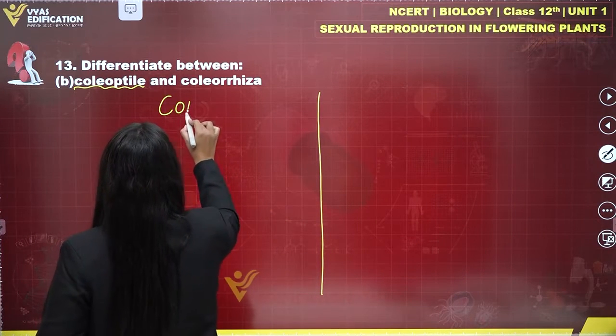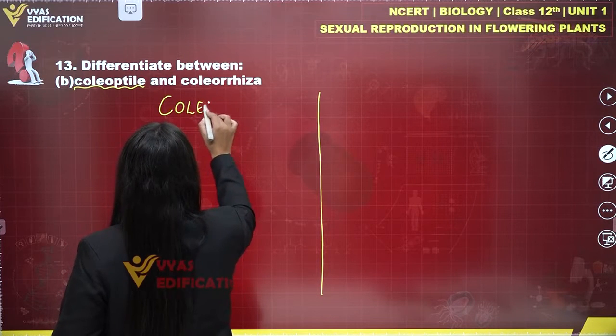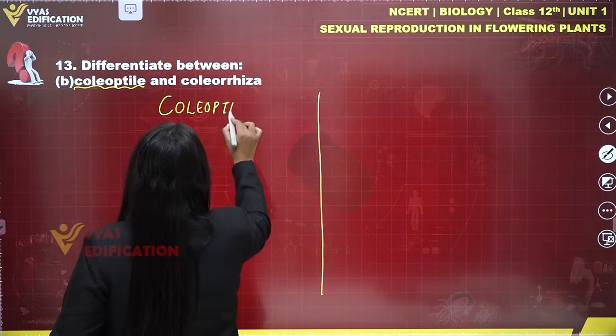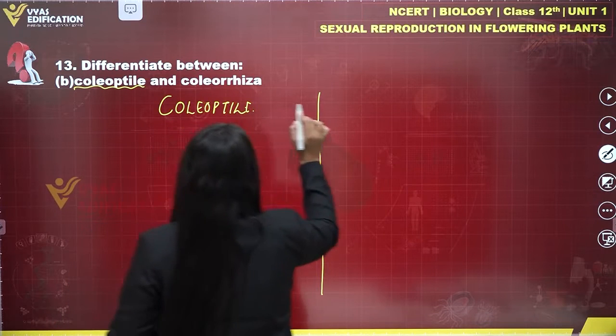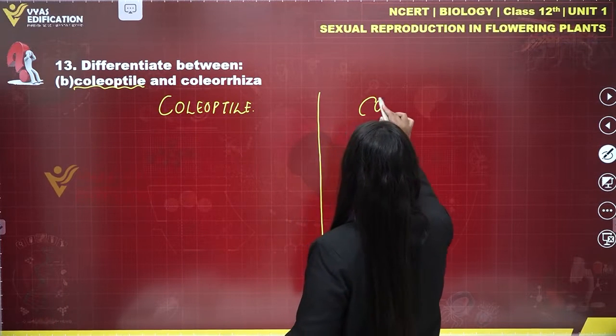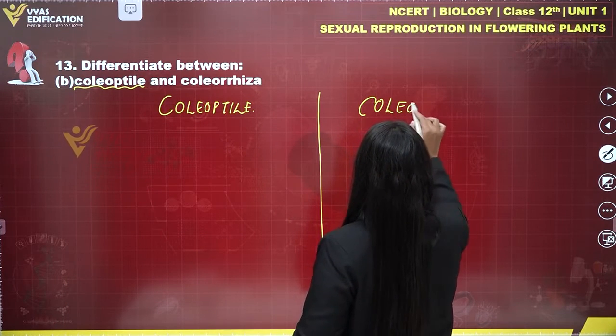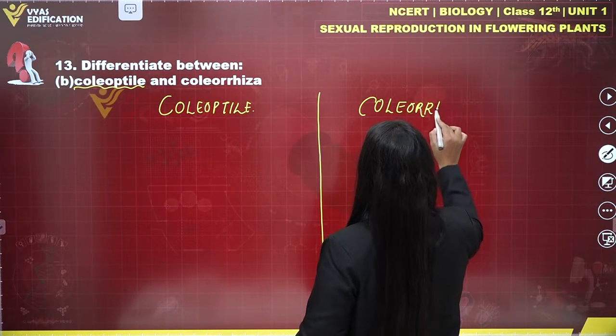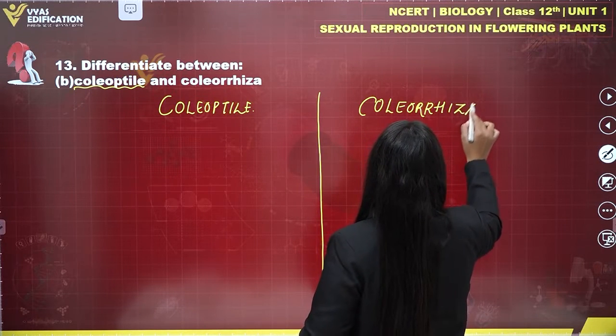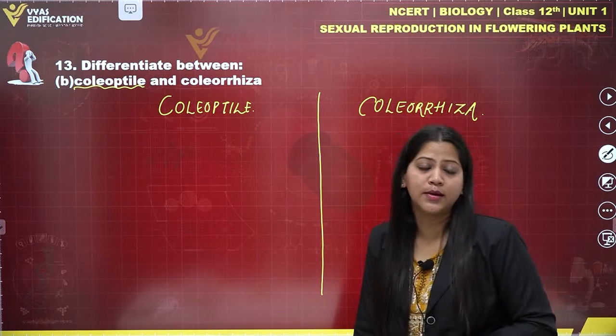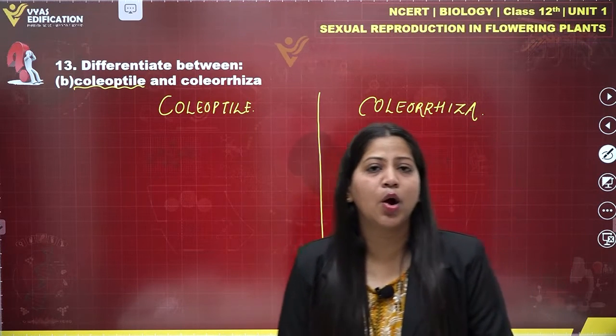In the left column we are going to discuss coleoptile, and in the right column we are going to discuss coleorhiza. This coleorhiza and coleoptile are the parts of monocot seeds, not dicot seeds.